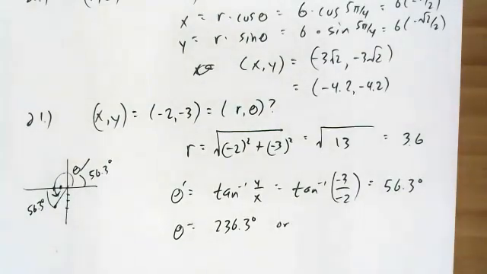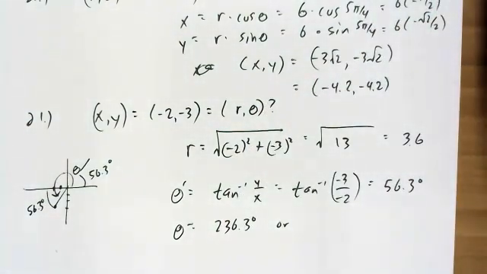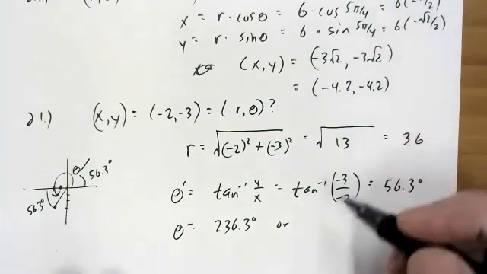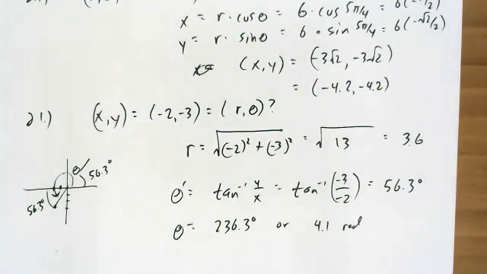On the answer key, I gave the answer in radians, which is sort of strange, but let me see, if I convert this to radians, 236.3 times pi divided by 180, 4.1 radians.